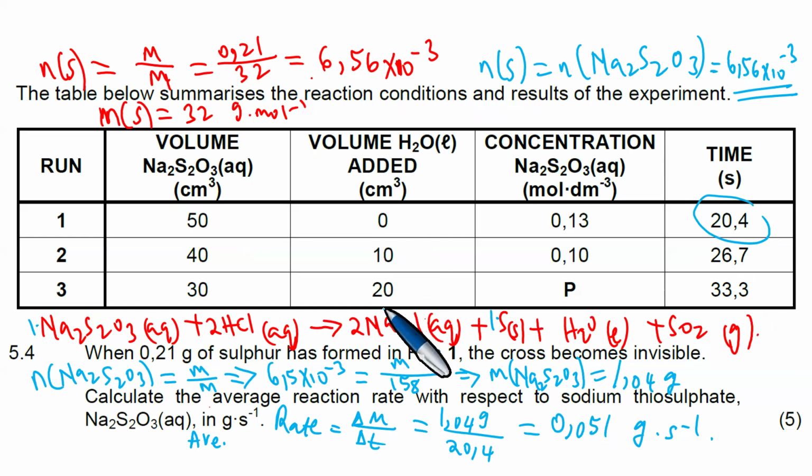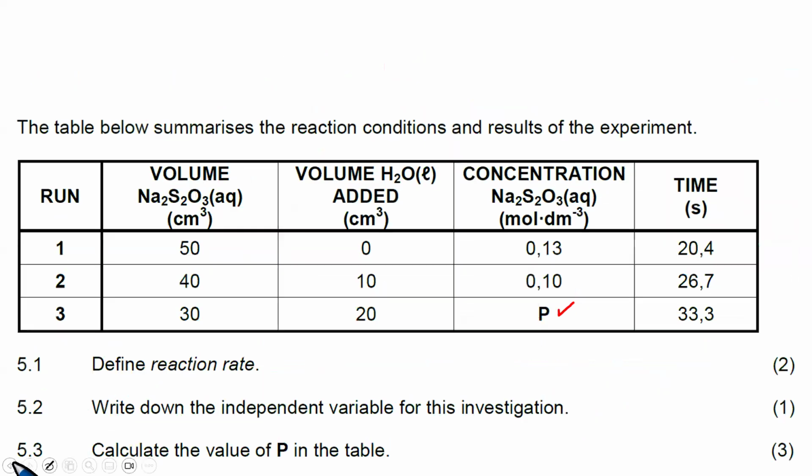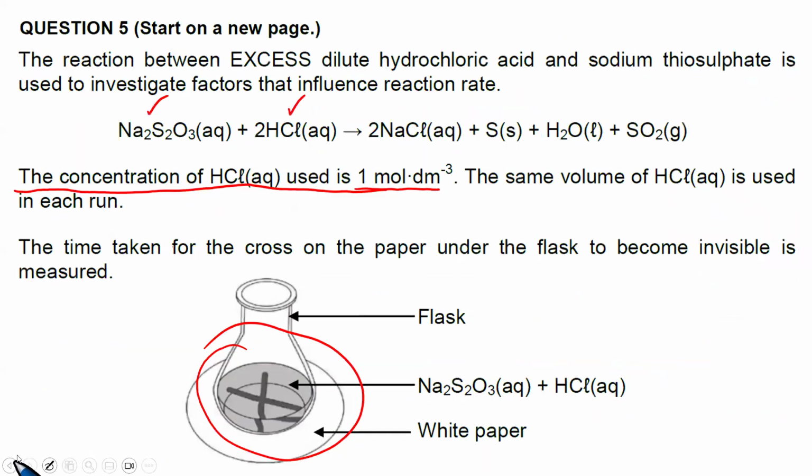Right, it would obviously be 0. For example, if you look at the way the question was introduced: the reaction between excess diluted hydrochloric acid and sodium thiosulfate is used to investigate factors that influence reaction rate. Sodium thiosulfate together with HCl are mixed until you have the products here.